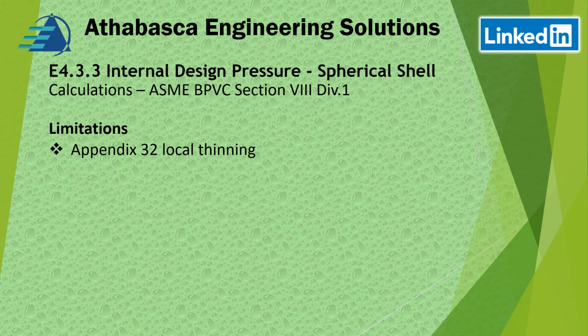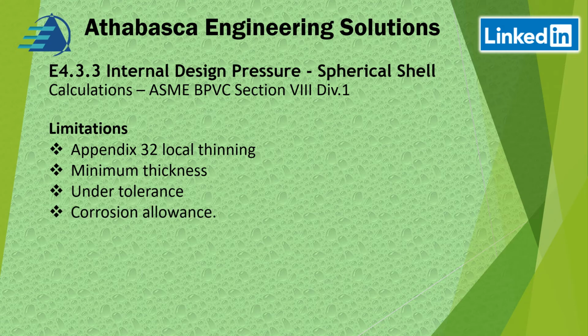We have to be aware of local thinning, and that's something the manufacturer looks at to ensure they meet Appendix 32, and that there's a minimum thickness requirement also, which we alluded to earlier. There are rules on under-tolerance for the plates as well, and rules on the corrosion allowance. So that's about it for that one.